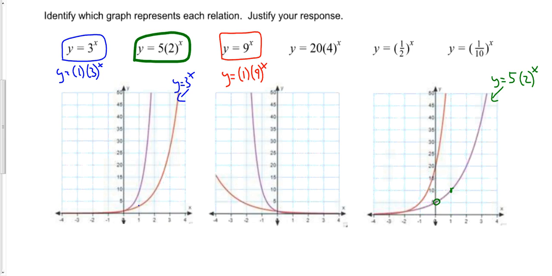The y-intercept is going to be at 1, so it's one of those two. We know the rate of increase is 9. When x is equal to positive 1, it's going to cross at that point right there. So this purple line on the left-hand side is y equals 9 to the exponent x.